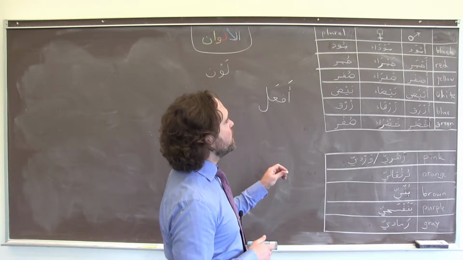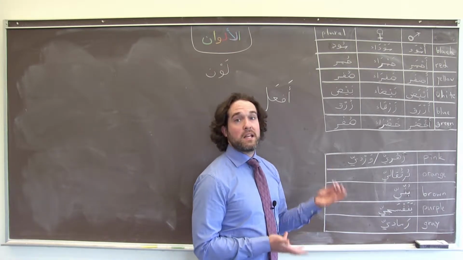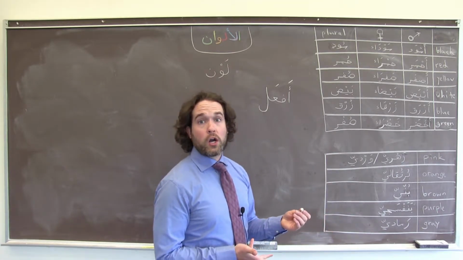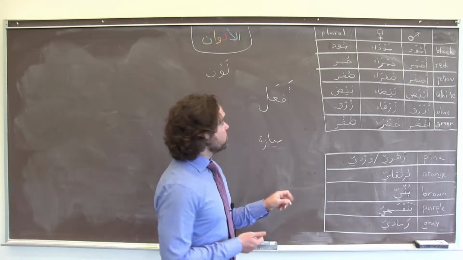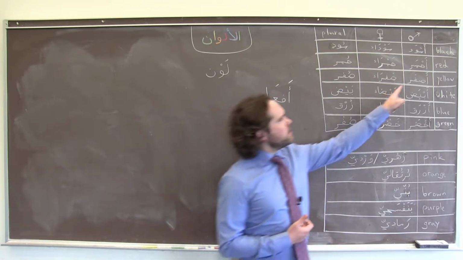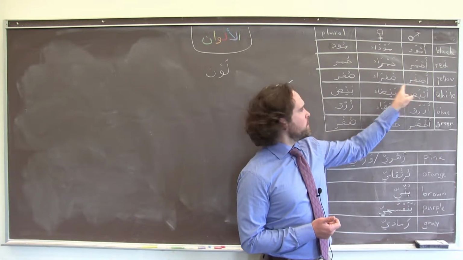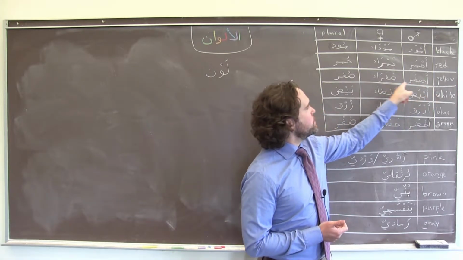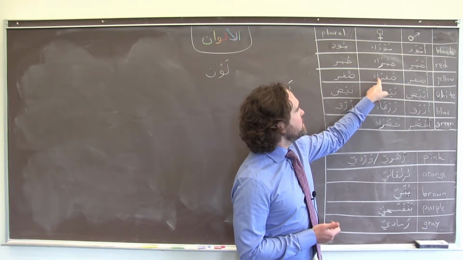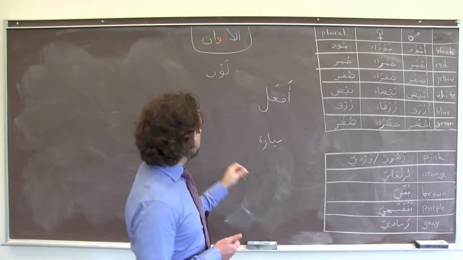So if I were talking about something yellow, let's say a car, sayyara, instead of taking asfar, the masculine form, and adding ta marbuta, I instead drop that first alif with hamza and then add an alif and a hamza at the end.